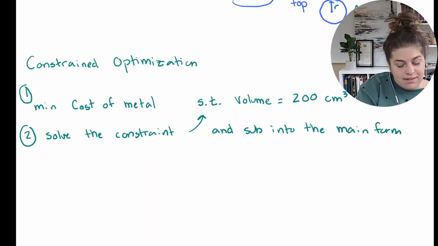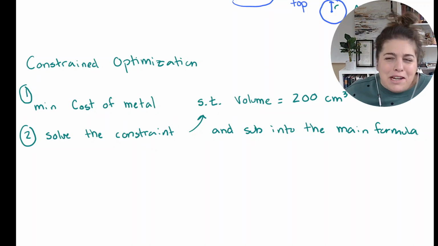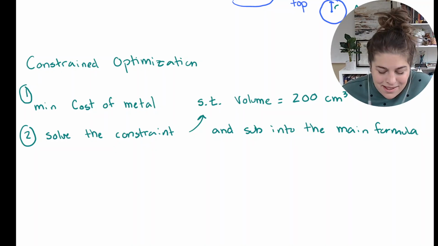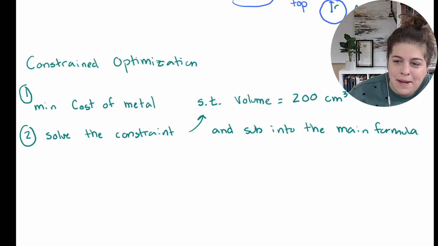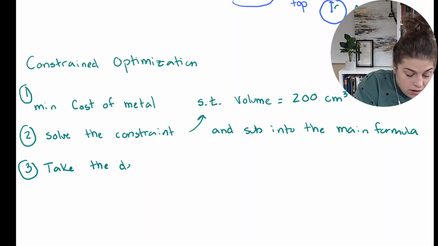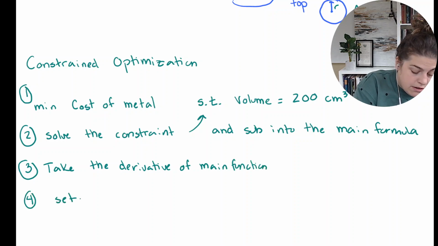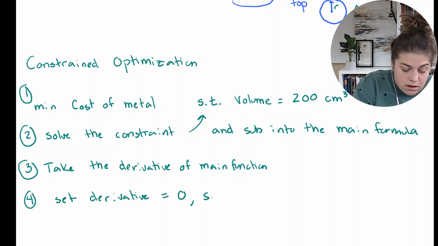I know somebody on YouTube might find me, and I'm not using real mathy terms here because it was math for business students, and we're just trying to get through things. Then once we've done that, we take the derivative of that main function, set the derivative equal to 0, and solve for our critical point.